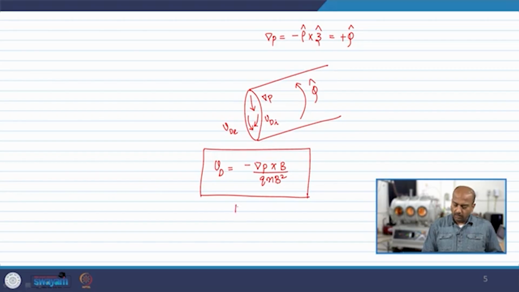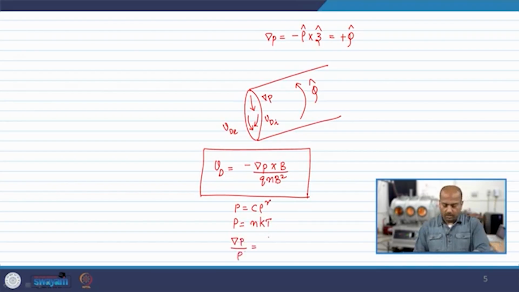We know that the pressure P can be written as C times rho to the power of gamma, and we also know P equals n k T. So, we can write del P over P is k T del n by n k T. What have I done?